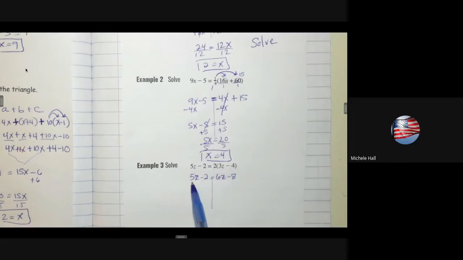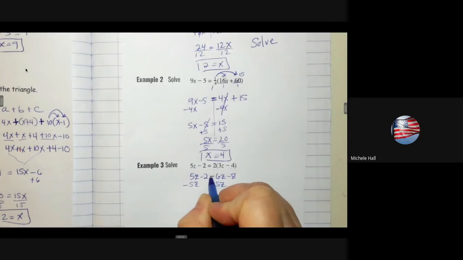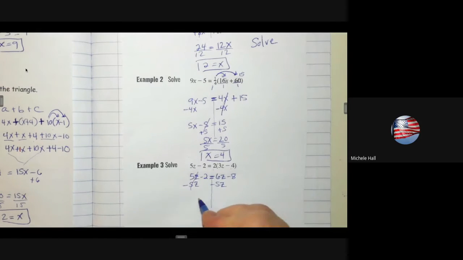I'm going to move the smaller z over to the larger z. So to shift the 5z across the equal sign, I'm going to do the opposite. The opposite of 5z is negative 5z. Do the same thing to the other side of the equation so that it is balanced. We get negative 2 equals 6z minus 5z is 1z.